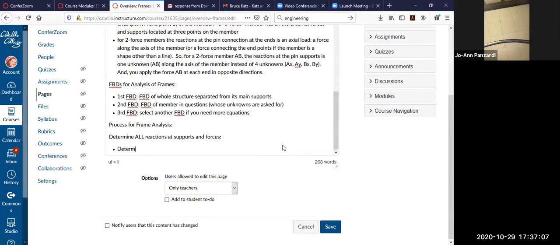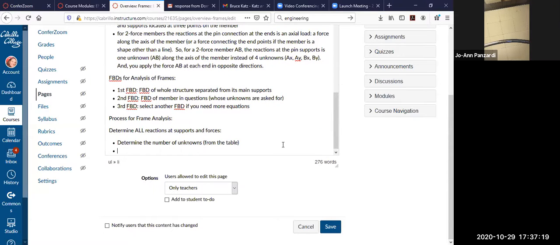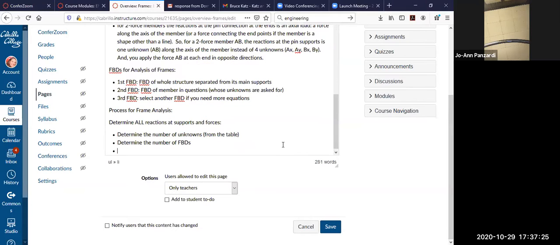Okay, determine the number of unknowns, and you could do it from the table. And then determine the number of free body diagrams. So let's put an example.